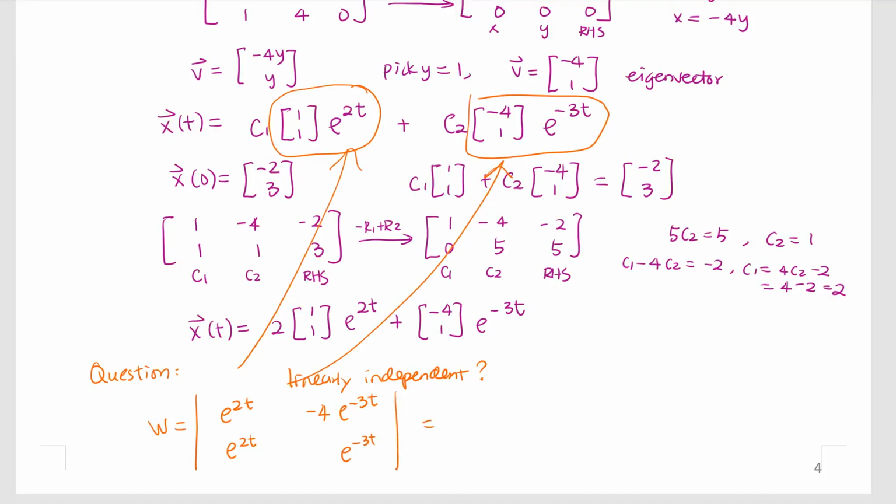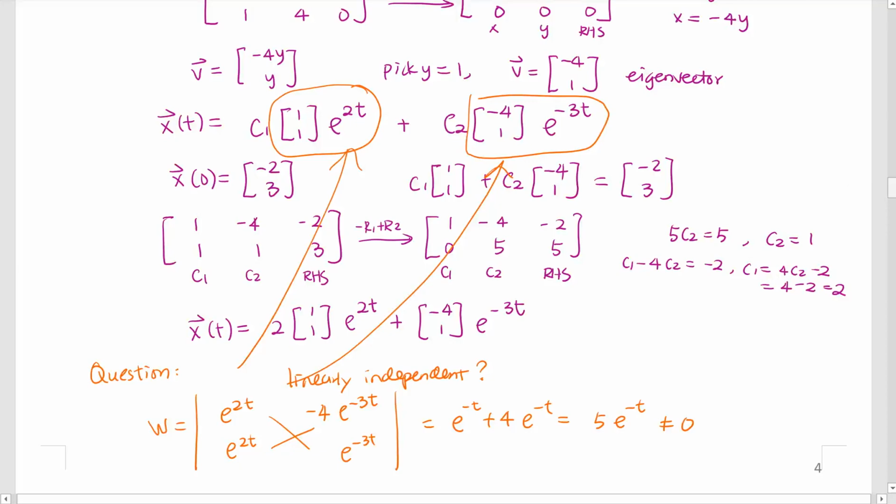Cross multiply, and then we have e to the 2t times e to the minus t, that's e to the minus t, minus negative becomes positive 4 e to the minus t. So we get 5 e to the minus t. You see, this guy is never 0. So that's why we get they are linearly independent. So far, so good, everybody?